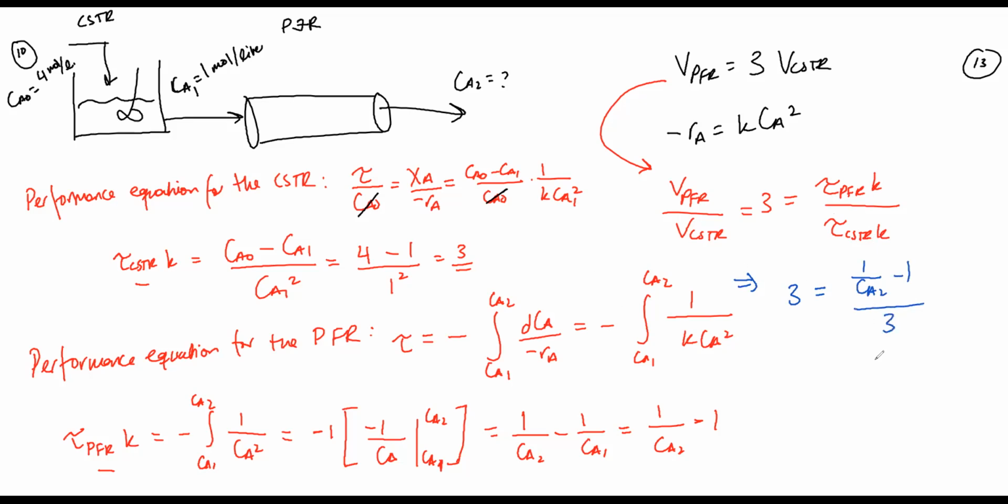Plug flow is 3 times, right? And you basically get 9 plus 1 is equal to 1 over CA2. So CA2 is just 0.1 mole per meter cubed. Okay.